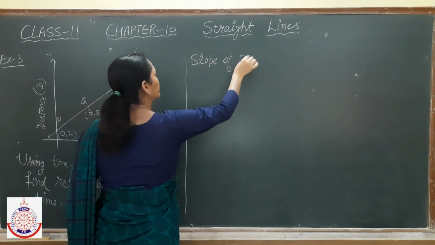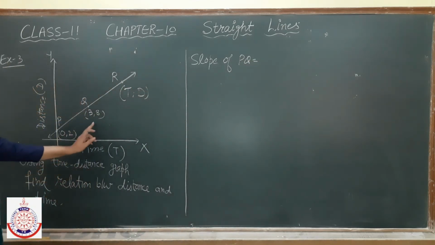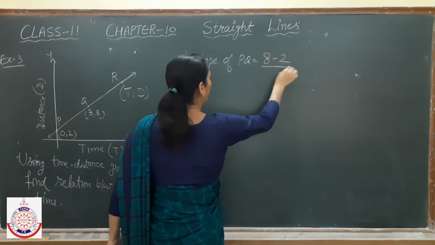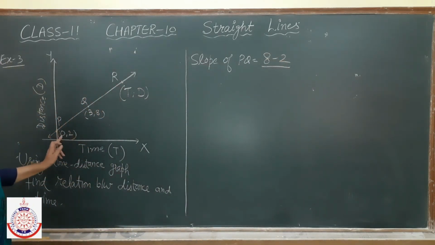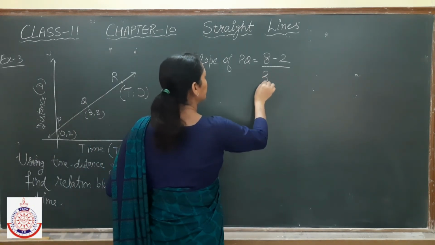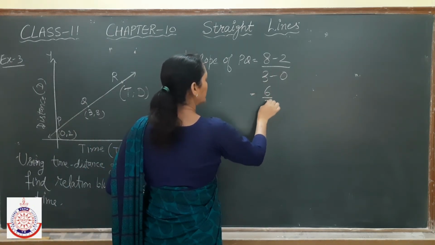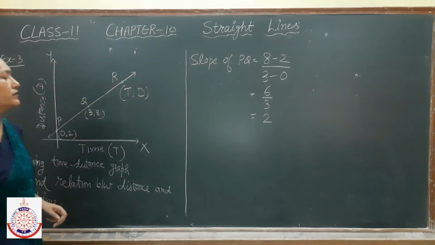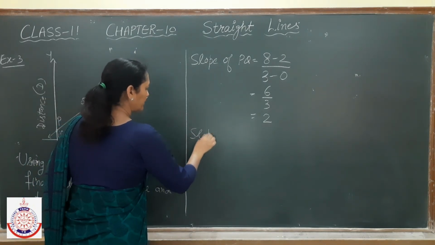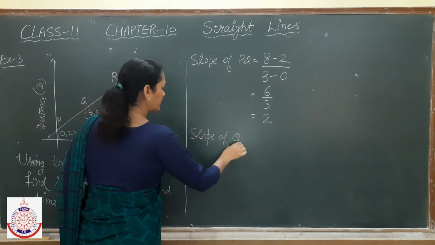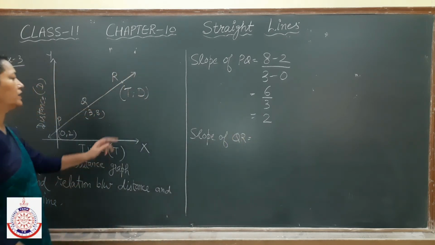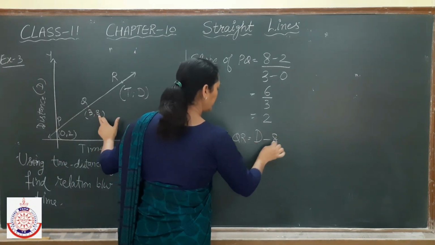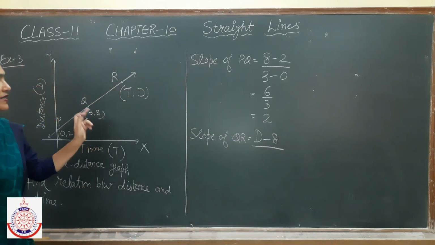Slope of PQ: y2 minus y1 upon x2 minus x1. So we obtained 6 upon 3, that is 2. Now slope of Q and R: y2 minus y1 upon x2 minus x1.